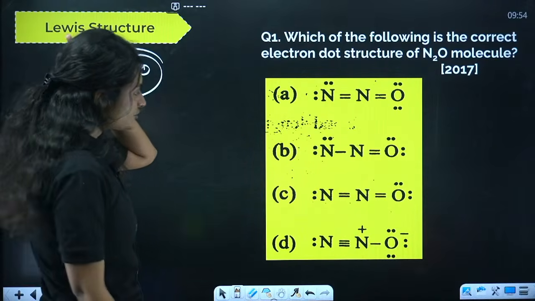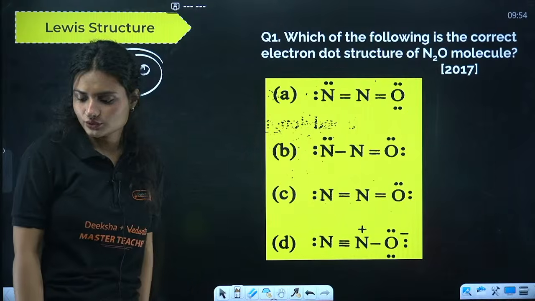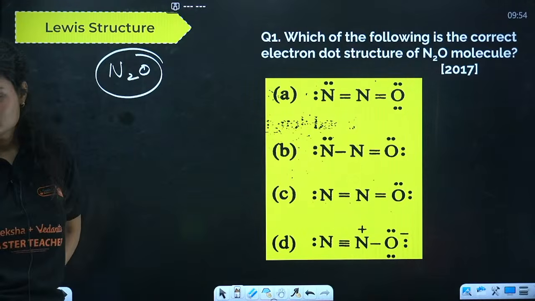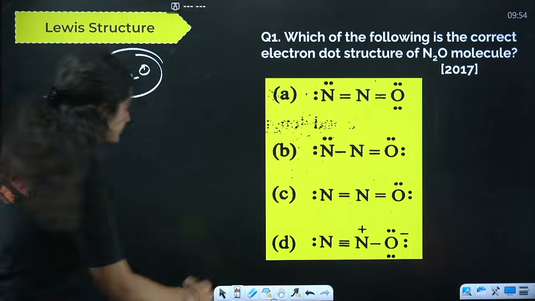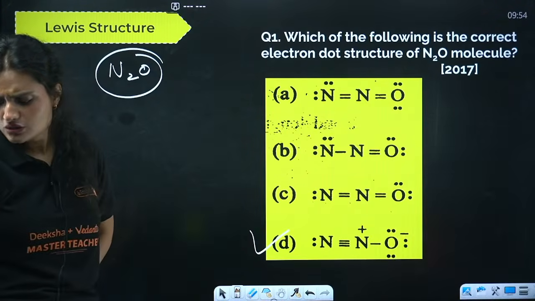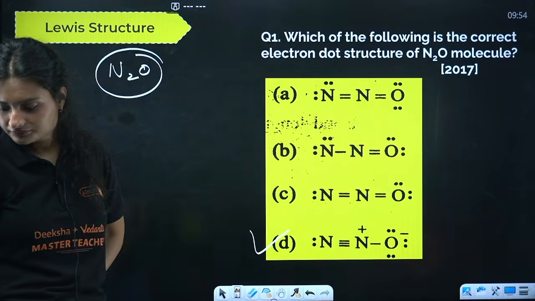You need to tell which is the correct Lewis structure, the correct electron dot structure for N2. Yes, D is the correct answer, right? You know how to make Lewis dot structures.